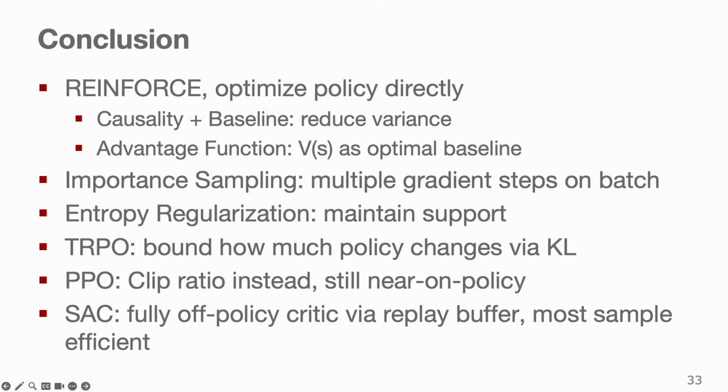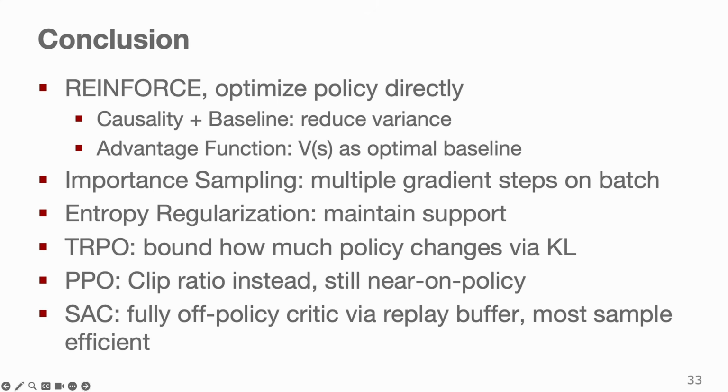Then we hit the on-policy wall, because we still required collecting new fresh data for every gradient step. So we introduced importance sampling to allow us to take multiple gradient steps on a single batch of data. And we also explored adding entropy regularization to ensure the robot never stops exploring, and we still have non-zero support for importance sampling.